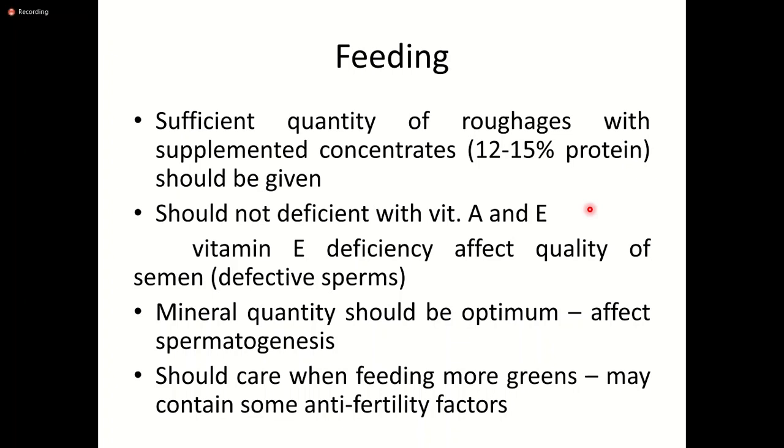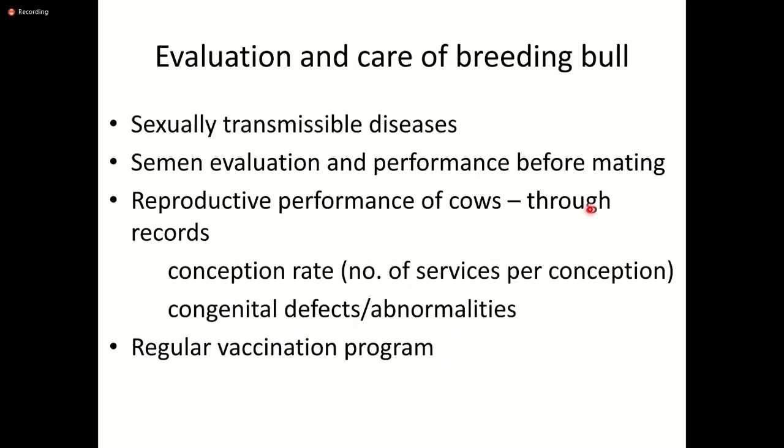Because during the breeding process, they lose lots of energy, right? So to support that process, we need to provide lots of energy to this animal to be ready for the breeding process, right?